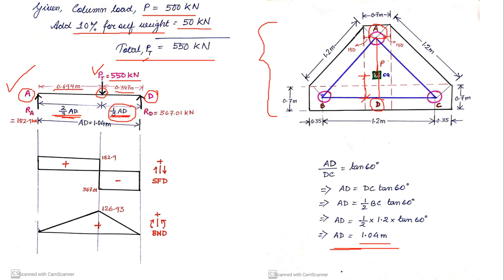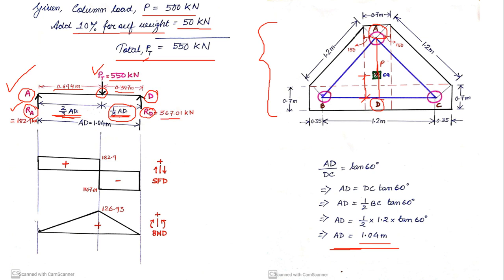So now since you have known the distance between all the points, you can calculate the reactions developed at point A and at point D. So the reaction at point A I have denoted by RA, and the reaction at point D I have denoted as RD. Okay, so if you take moment about A, you will be getting the value of RD.